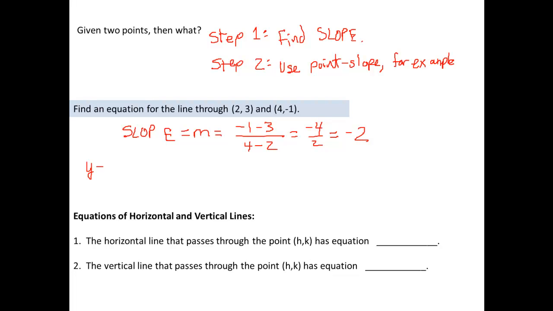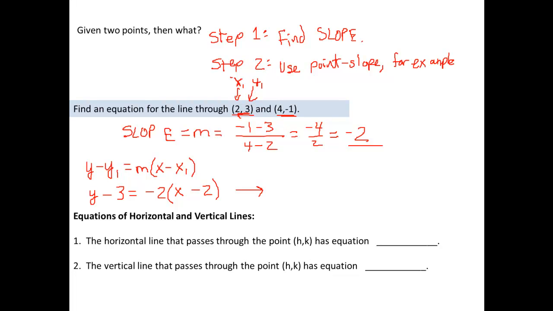For example, I could use y minus y1 is m times x minus x1 and plug in either of these points, (2, 3) or (4, -1). Doesn't matter. Either one will give me the same relationship. Let me grab the first one. So 2 is x1 and 3 is y1 and m is -2. So y minus 3 equals -2 times x minus 2, and that's an equation for this line.